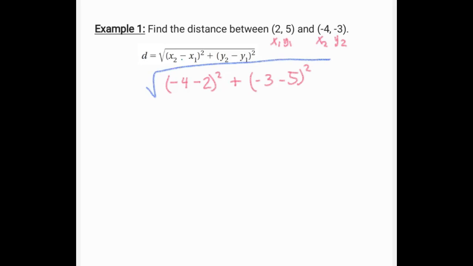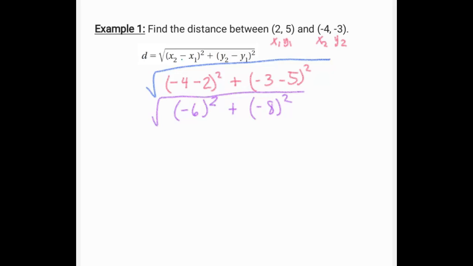So let's go ahead and simplify. -4 minus 2 gives us -6, squared, plus -3 minus 5 gives us -8, squared. Again, this is all under the square root sign.